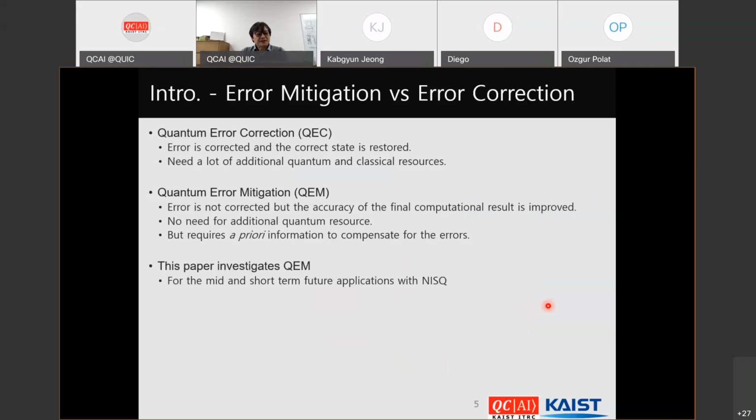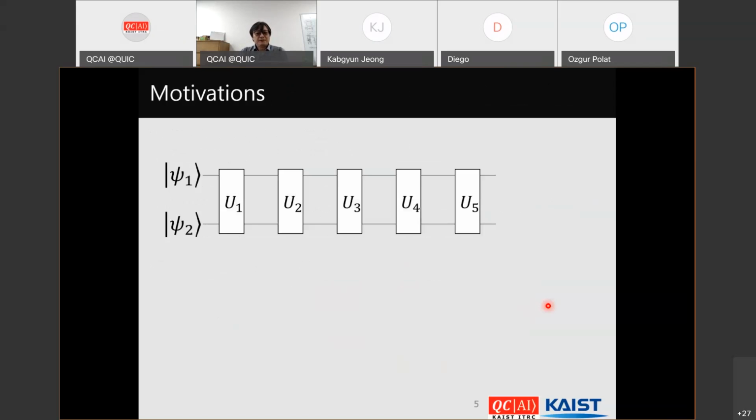So this paper investigates quantum error mitigation with NISQ computers. The motivations are like this. We have a multi-qubit system with unitary operations, and each unitary operation comes with some error.